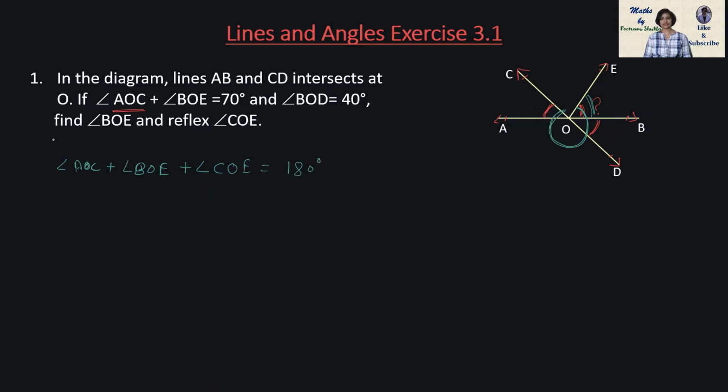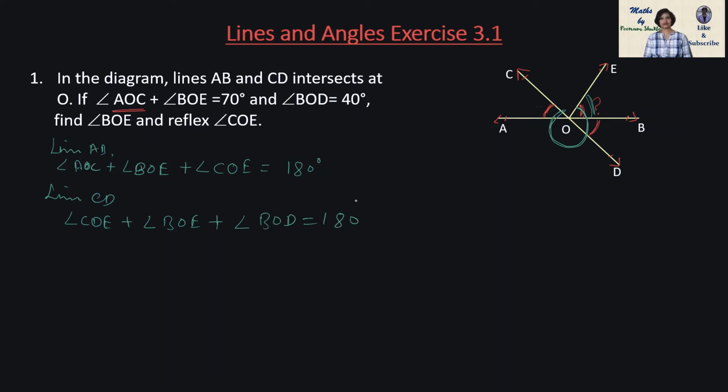So which line are we taking? Line AB here. And another line we are taking is CD. In line CD, we get angle COE plus angle BOE plus angle BOD. That is also 180 degrees.